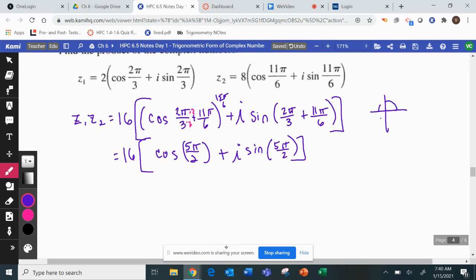So 1, 2, 3, 4. That's the exact same location as pi over 2. So if you wanted to think about it that way, you could, or you can just use 5 pi over 2. Either of those is going to be the same.